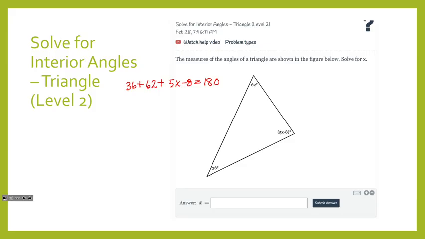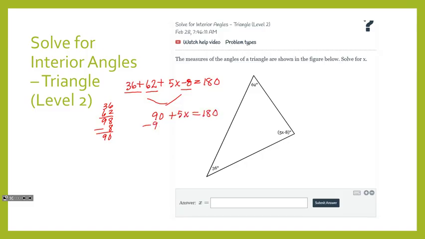You can do 36 plus 62 minus 8. 36 plus 62 gives you 98, then minus 8, so we get 90. So these numbers all together give me 90, plus 5x is 180.